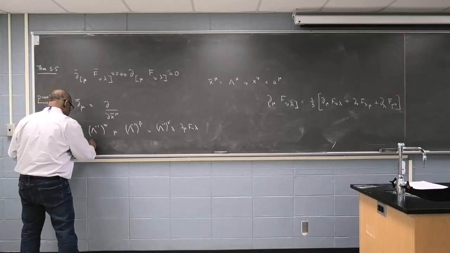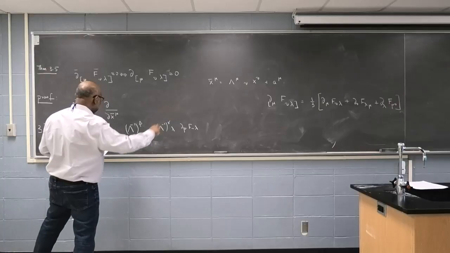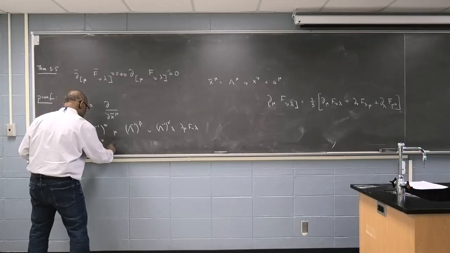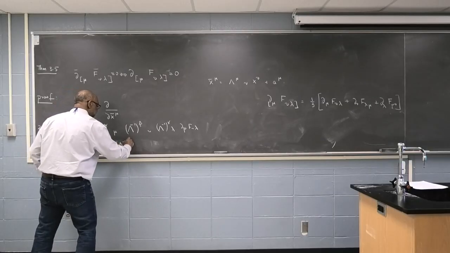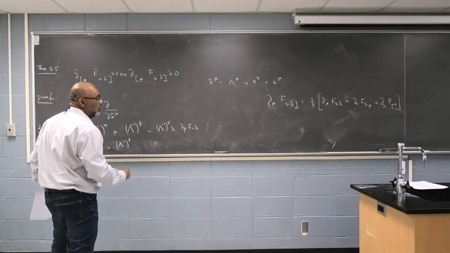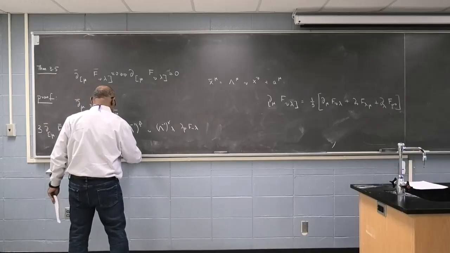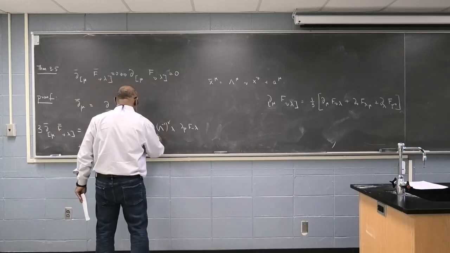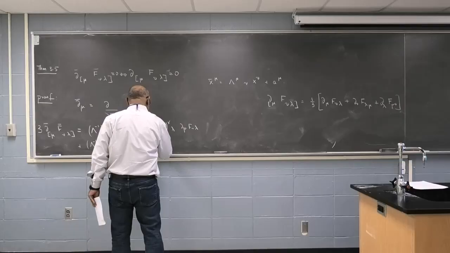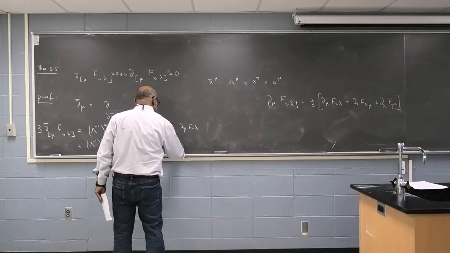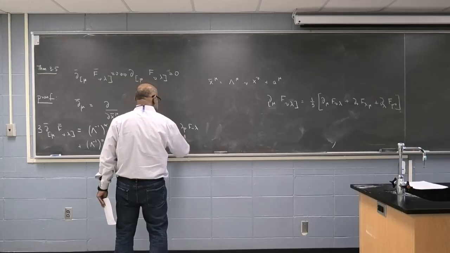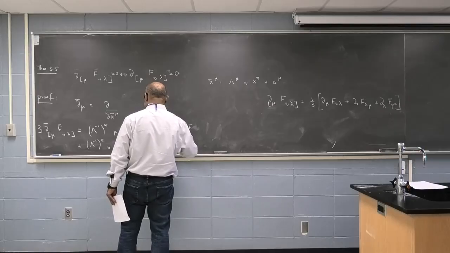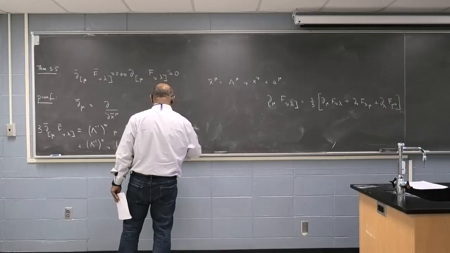So I'm going to put lambda inverse alpha mu, lambda inverse beta nu, lambda inverse gamma lambda, and I'm going to put d alpha f beta gamma.